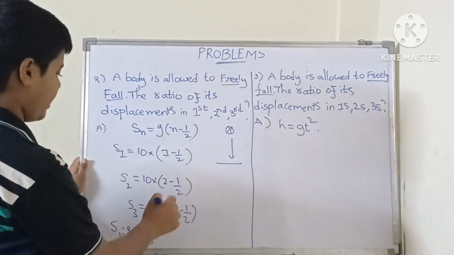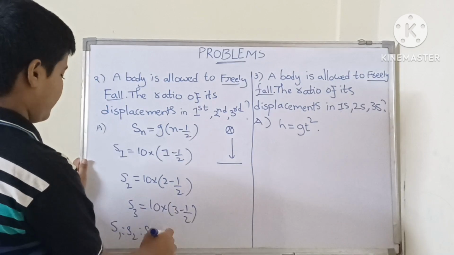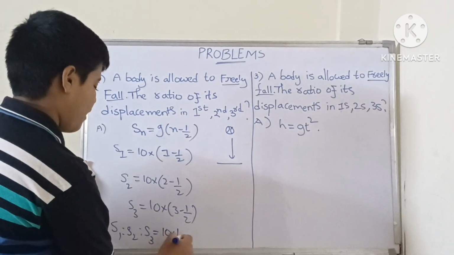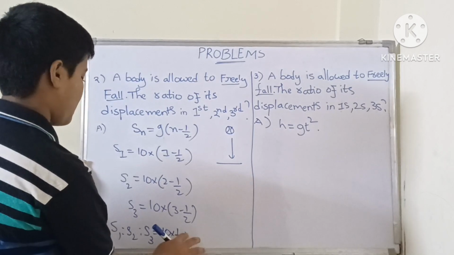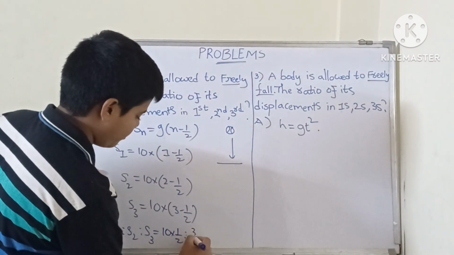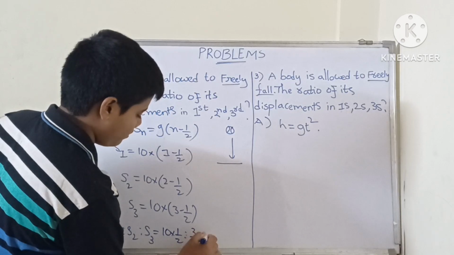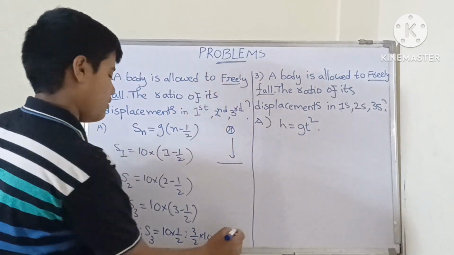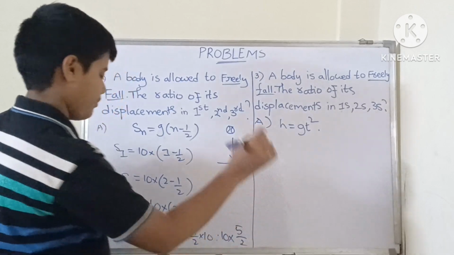That is 10 into half is to 10 into 3 by 2 is to 10 into 5 by 2.